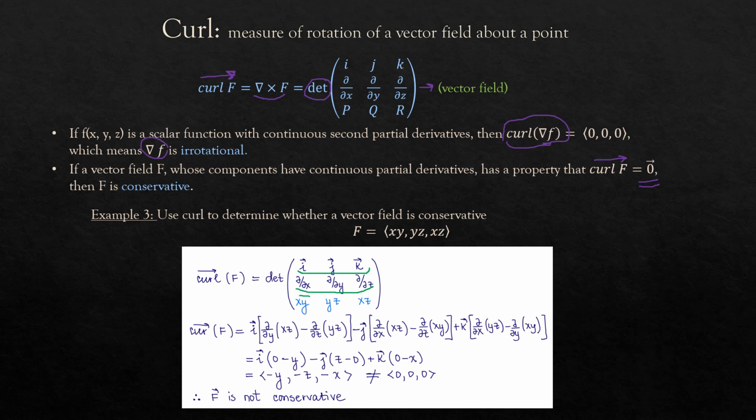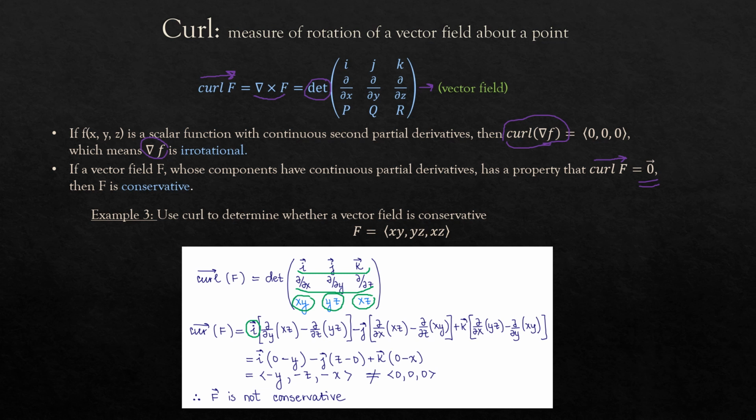So xy over here, yz, and then xz. Okay, and now we compute the cross product or the determinant of this matrix. So we've done that many times. So let's see how we do this. So what is the i component?